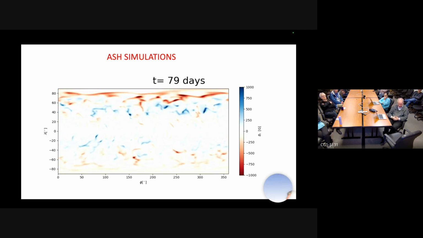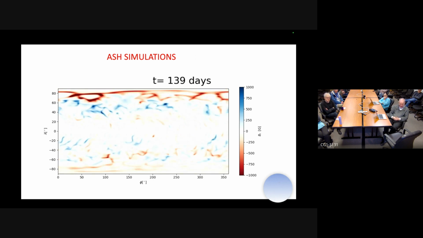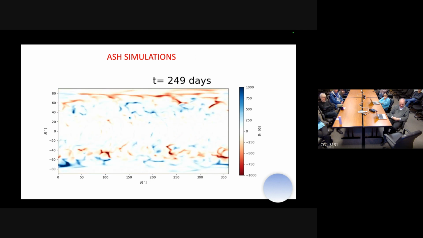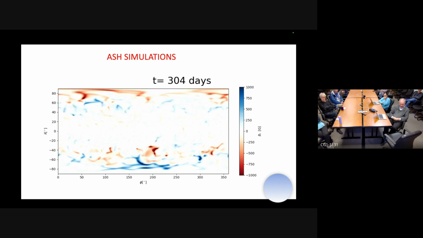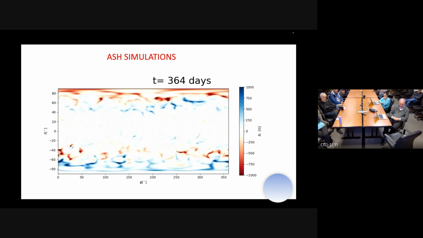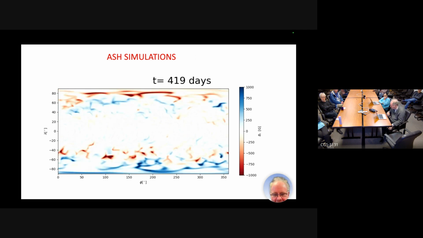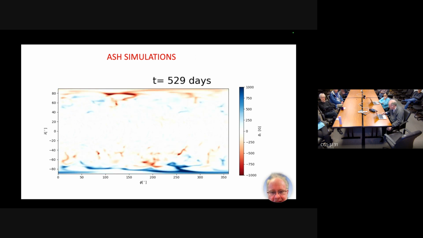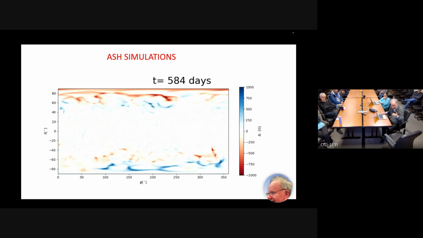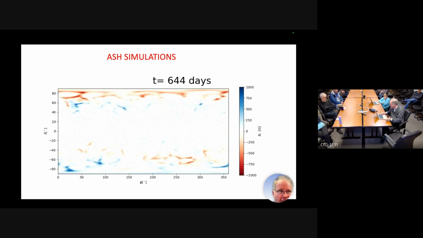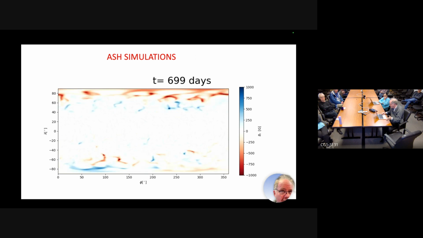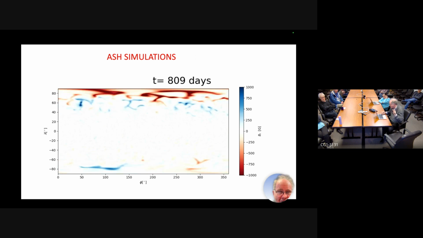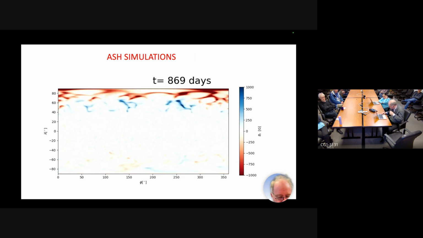So here is, for comparison, an ASH simulation. This is an ASH simulation of dynamo action in a configuration which is not too far from the sun, although the magnetic fields of course look very different from the solar ones. This is the surface magnetic field, or the magnetic field at the upper boundary of the simulation, and the simulation has an impenetrable boundary condition, so I'm going to call it the surface of the simulation.